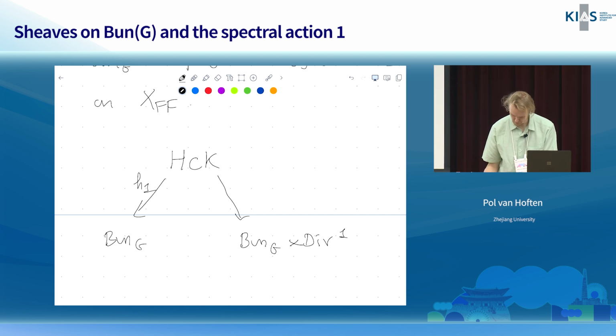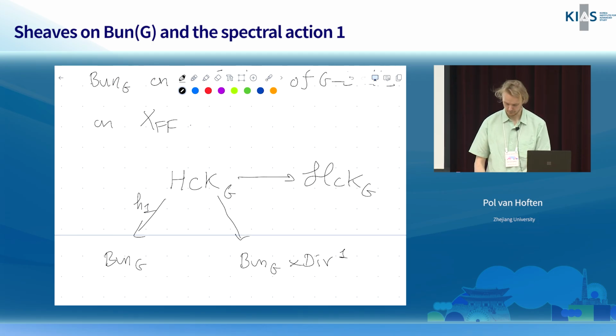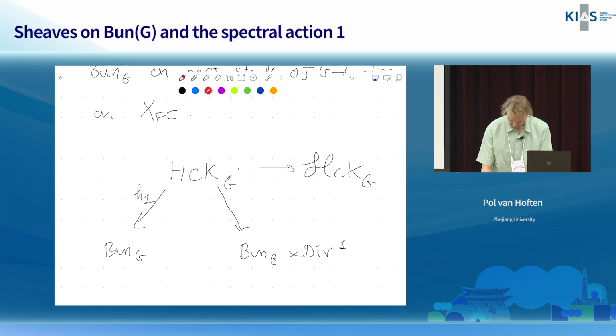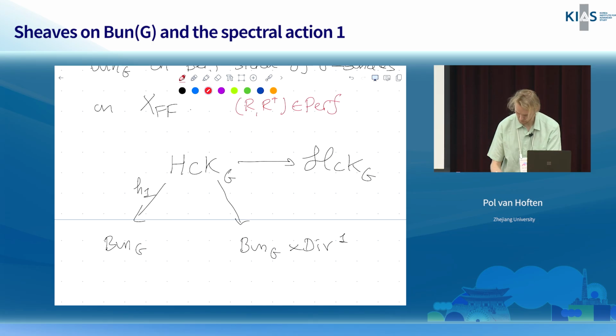Bun_G times Div^1. And then there's also a local Hecke stack, which is a curly H. Okay, so what are these things? If I fix some R^+, here we have G-bundles E, and here we have these triples.